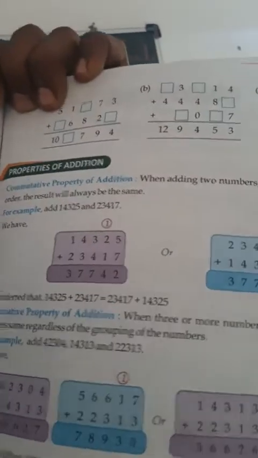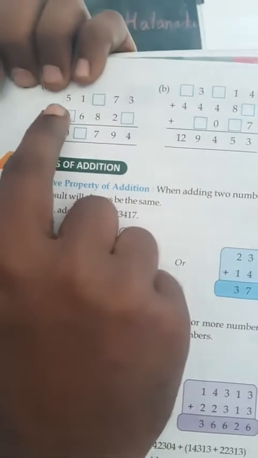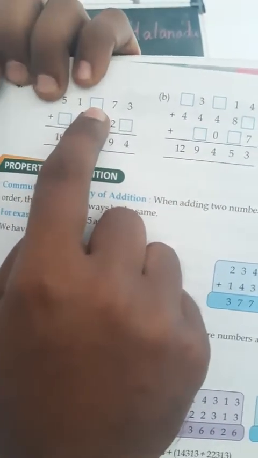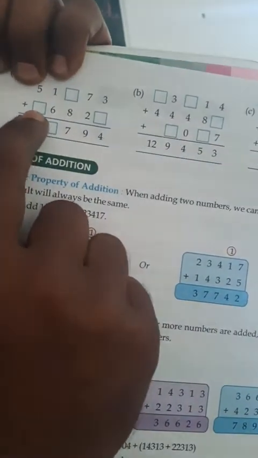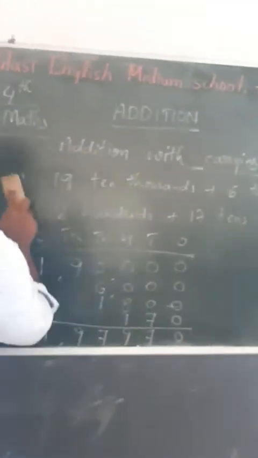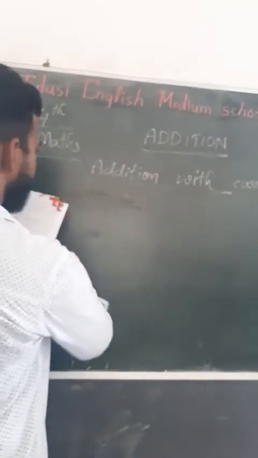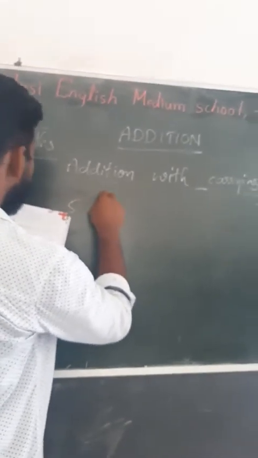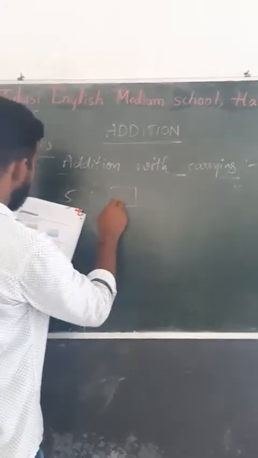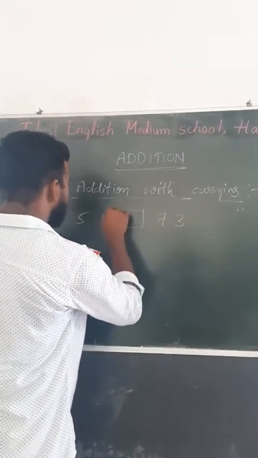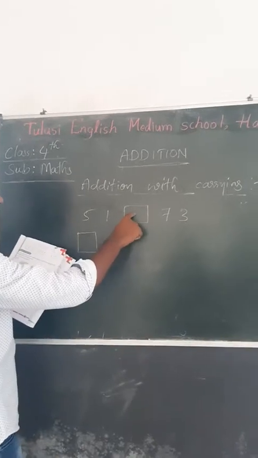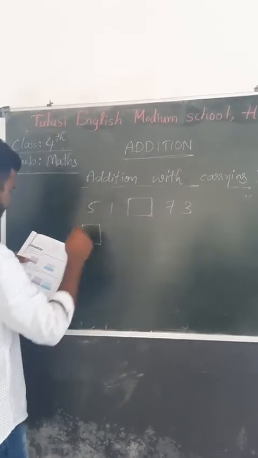Fourth one, you have to fill the boxes. Once, tens, in the 100 place, you have to write the appropriate digit. Here there is in the thousands place 1, 10,000, 5. Once again, 5,000, 51,000, blank.